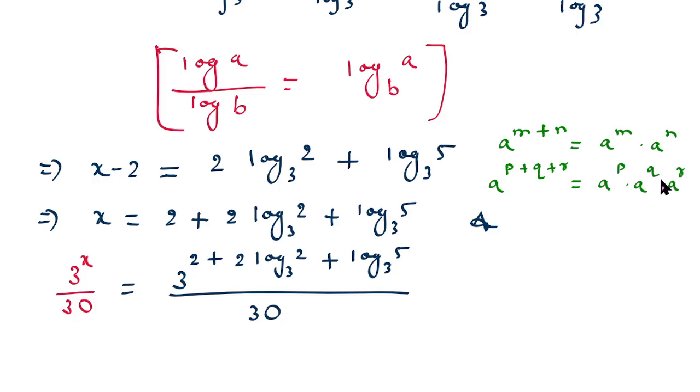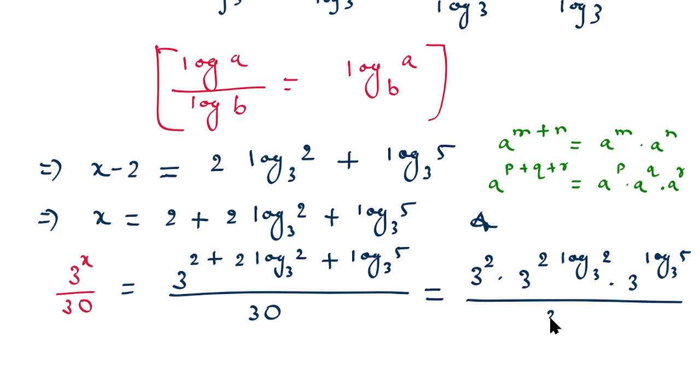So by using the same exponential formula, we can write this as 3 to the power 2 into 3 to the power 2 log 2 base 3 into 3 to the power log 5 base 3, upon 30.